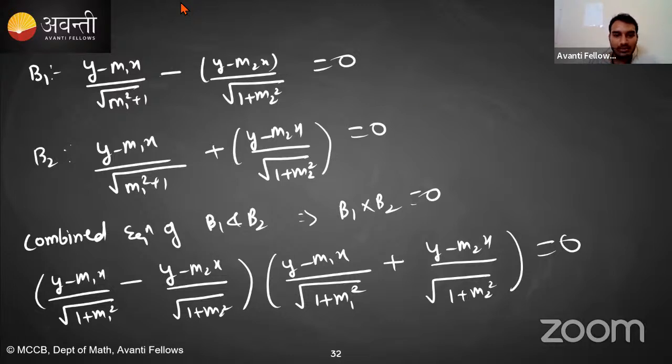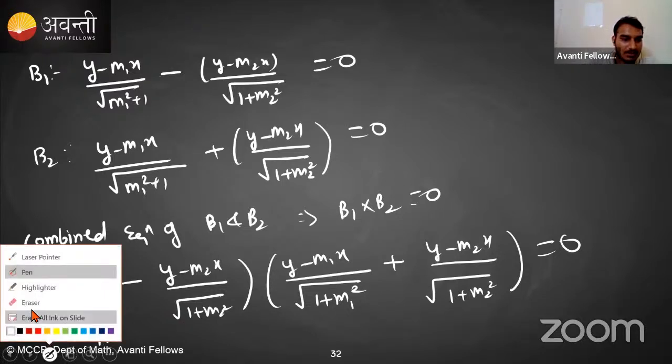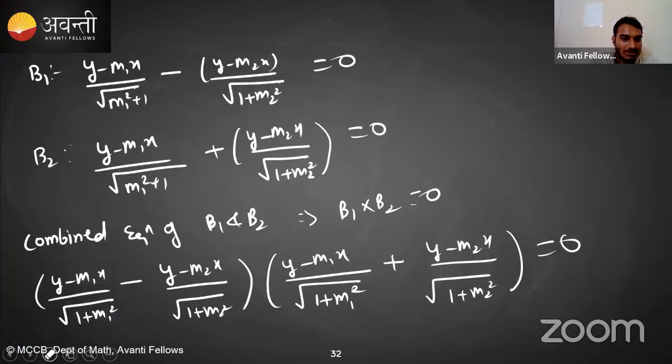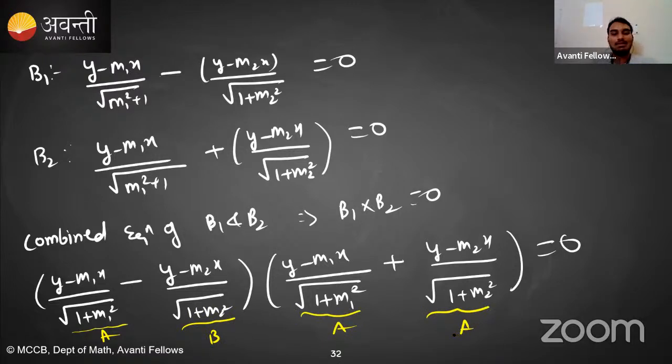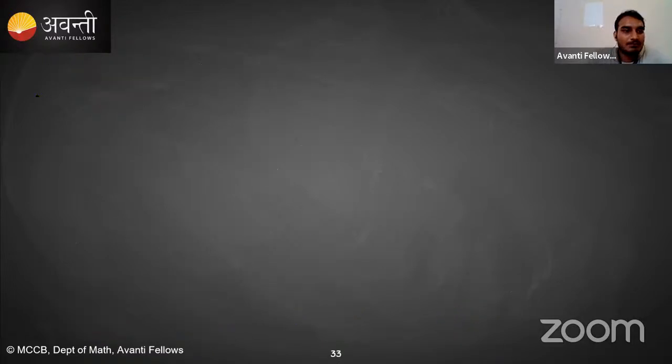Okay. So now what is this written? A minus B, A plus B. Yes or no? Let's say this is A and this is B, this is again A and this is again B. So A minus B, A plus B can be written as A square minus B square.